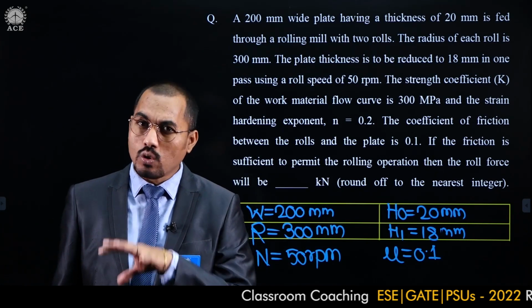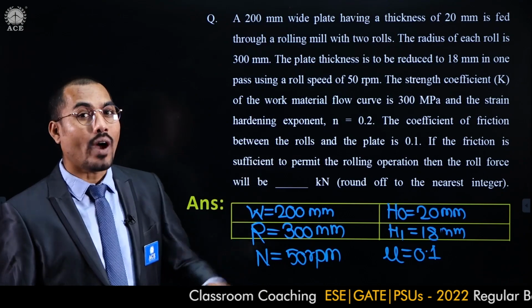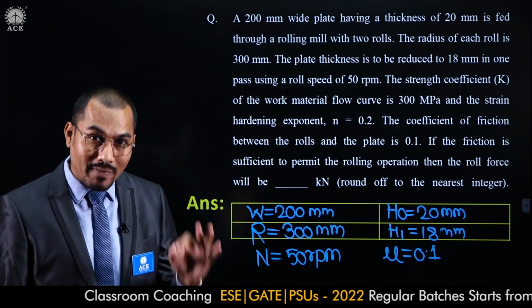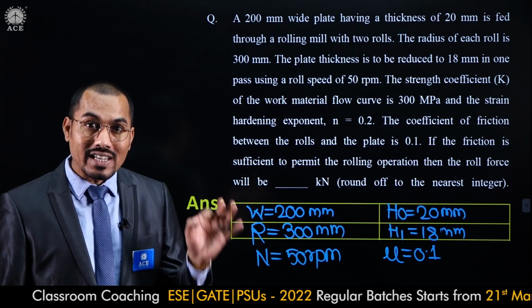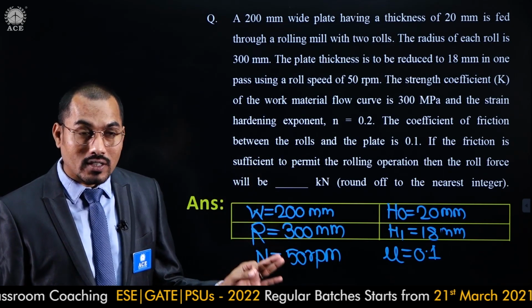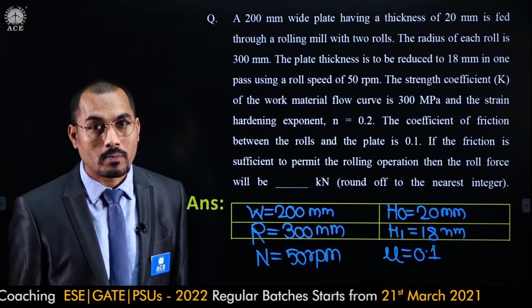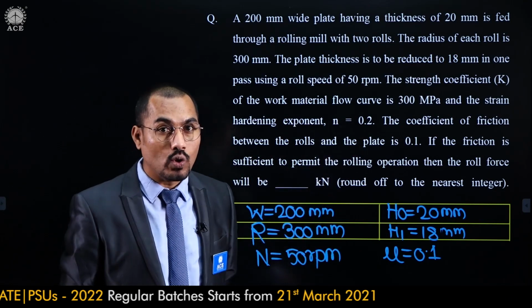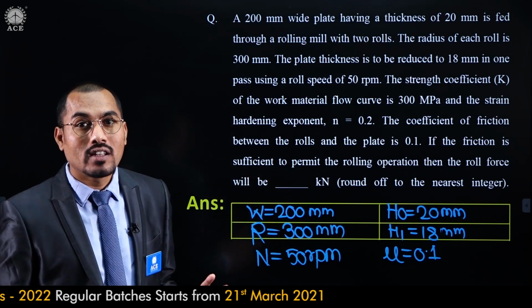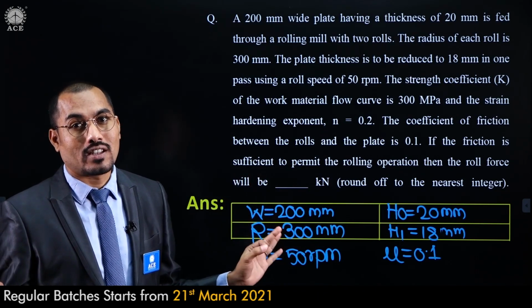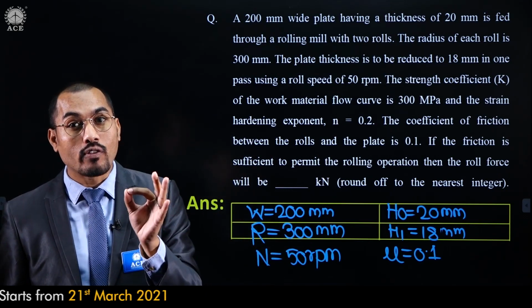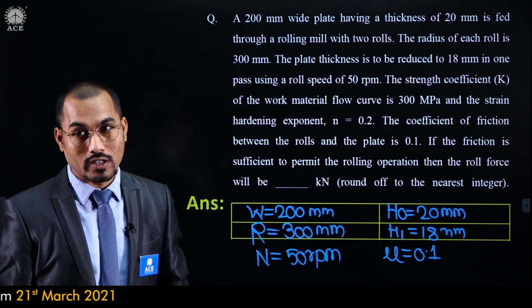But now as it is cold rolling and the friction value is given as 0.1, we believe that the friction must be considered while calculating the force required during the rolling operation. If the examiner wanted us to neglect friction, he would have written friction-less, or neglecting friction, calculate the rolling force required during this operation.